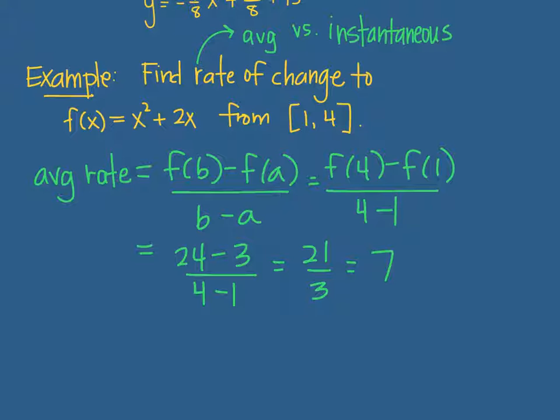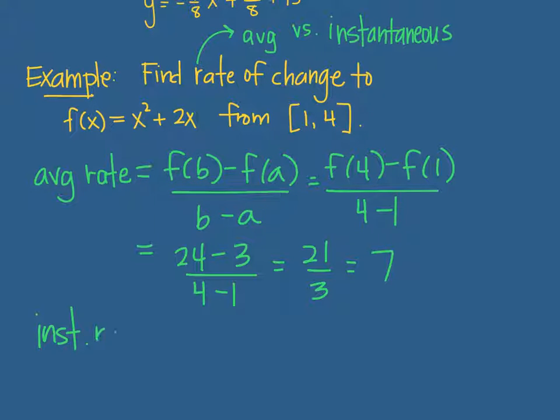The instantaneous rate, that's going to be with the limit. So that'll be more like what we know of for being derivative. So if they ask you for the instantaneous rate, we already did the limit in the previous problem.